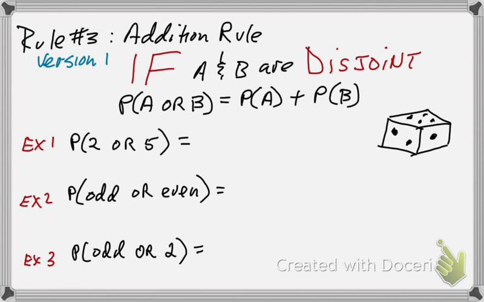For any probability, the probability is greater than or equal to 0 and less than or equal to 1. Exactly right. So for any event, the probability is going to be from 0 all the way up to 1. It can't be less than 0. It can't be more than 1. That's rule number 1.